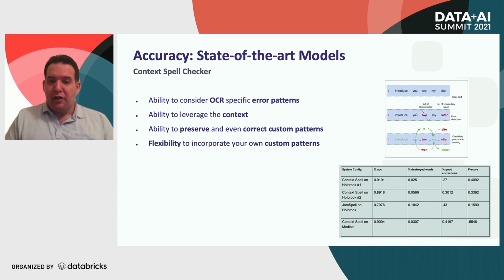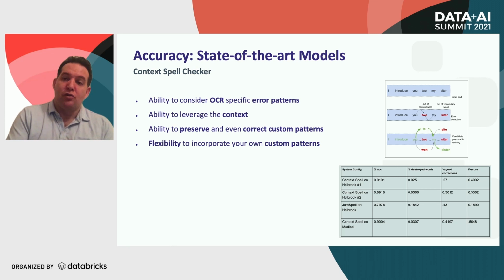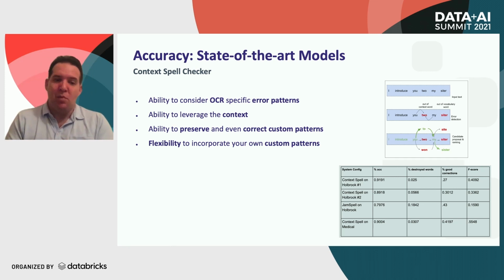The context spell checker, as I mentioned, is able to look for specific patterns and, as the name suggests, look into context. On top of that, you can train your own spell checker, and people have done this for different languages or for specific business domains. You can also add custom dictionaries.